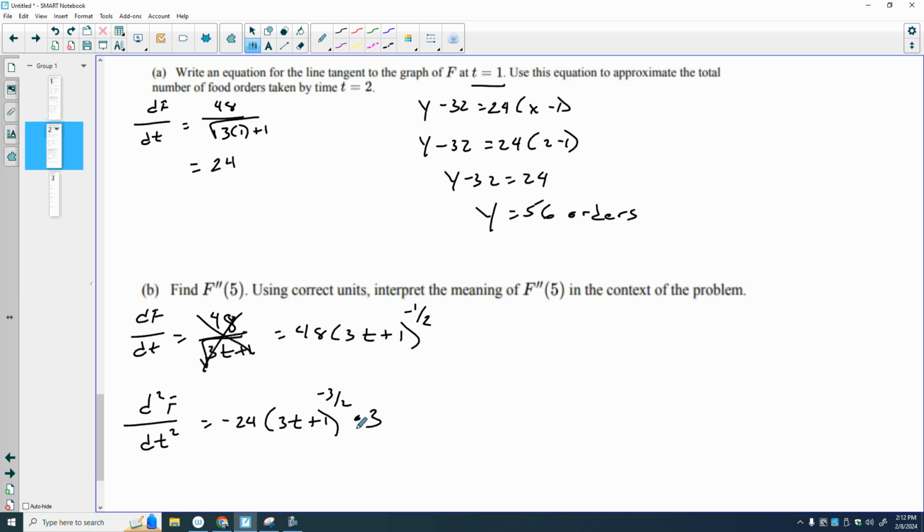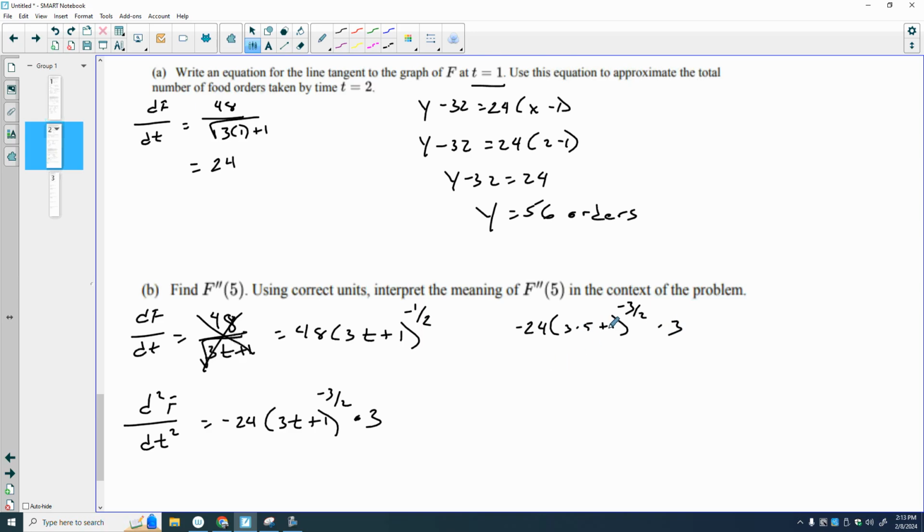Now, we want to find that at time equal 5. So I'm going to plug 5 into that mess and come up with an answer. So I get negative 24 times 3 times 5 plus 1 to the negative 3/2 power times 3.